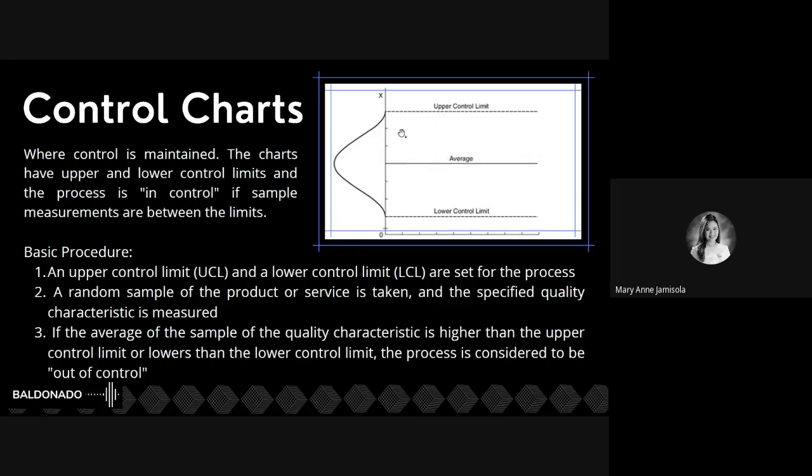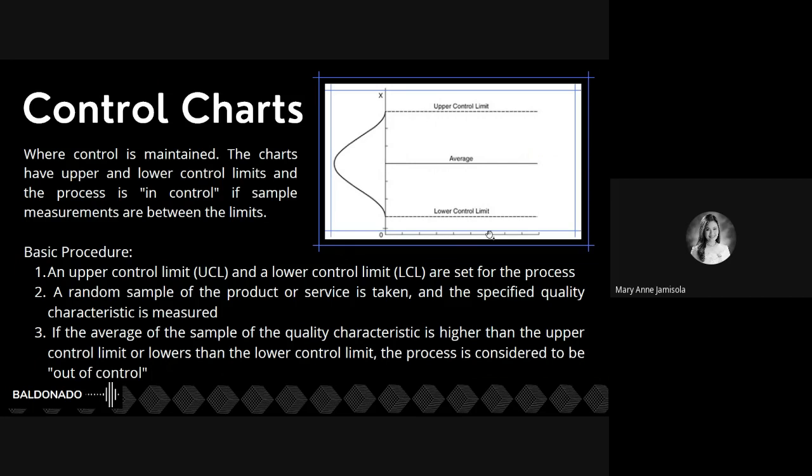However, if after our computation, let's say the amount is over the upper control limit or beyond the lower control limit, then we can say that the process is out of control. It's not within our control. So that means it is actually a red flag.